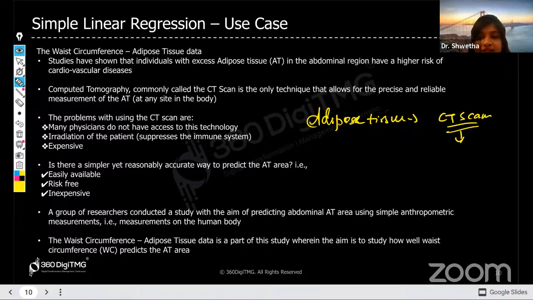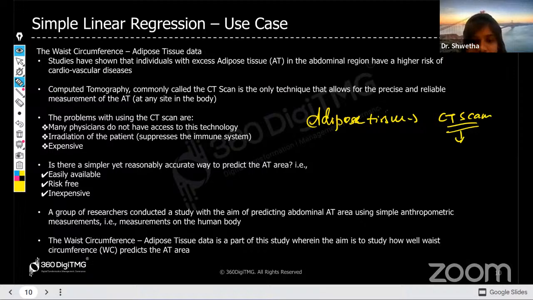These simpler techniques would be easily available, risk-free, and inexpensive. Okay, research was going on to find something in this area which is easily available, risk-free, and inexpensive.